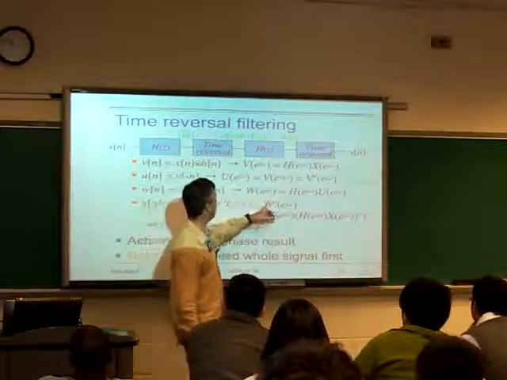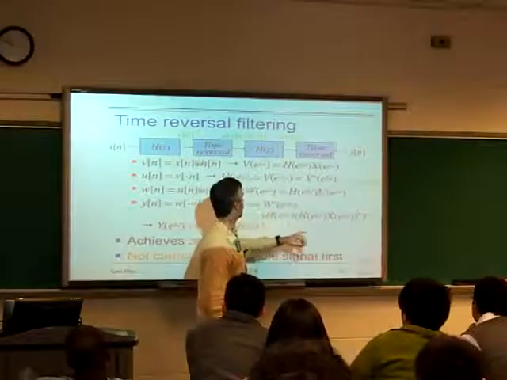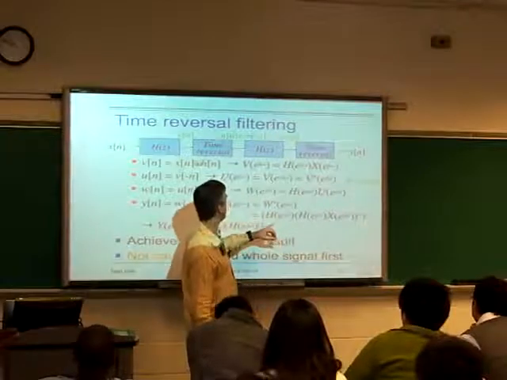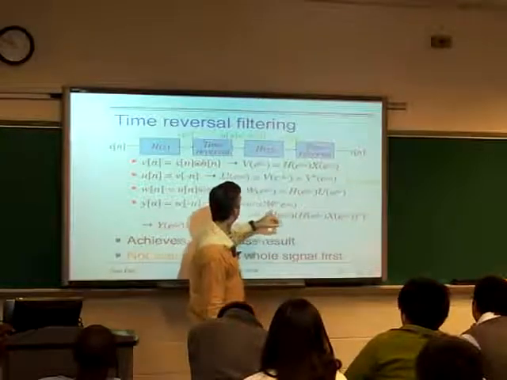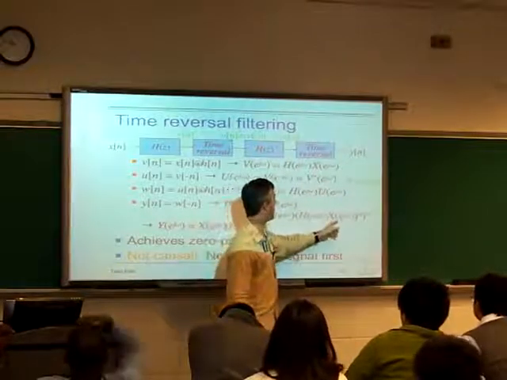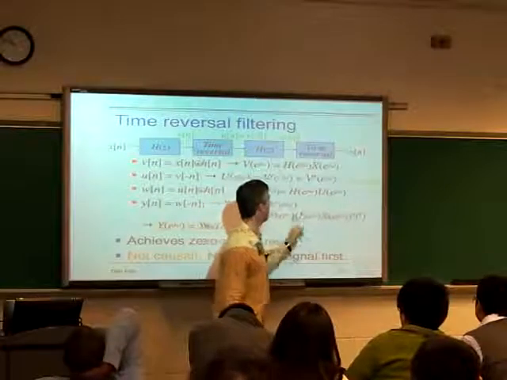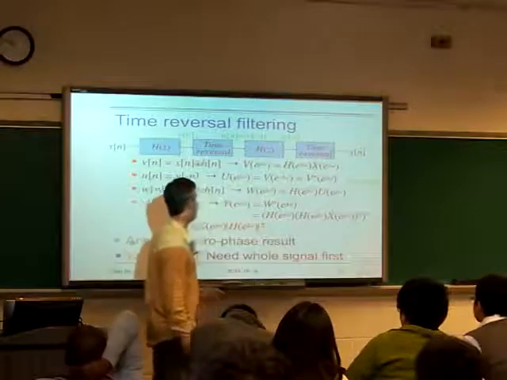But W is H times U, U is V conjugate, and V is H times X. So we get H times X in here, conjugated, times H again, and then conjugated again.